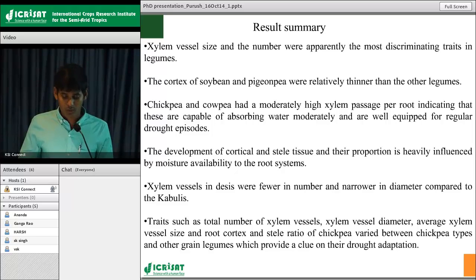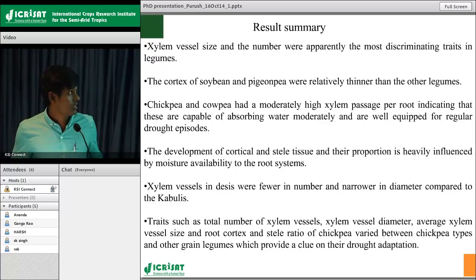The cortex of soybean and pigeonpea were relatively thinner than the other legumes. Chickpea and cowpea had a moderately high xylem passage per root, indicating that these are capable of absorbing water moderately and are well equipped for regular drought episodes. The developmental cortical cell and stele tissue and their proportion is heavily influenced by moisture availability to the root system.